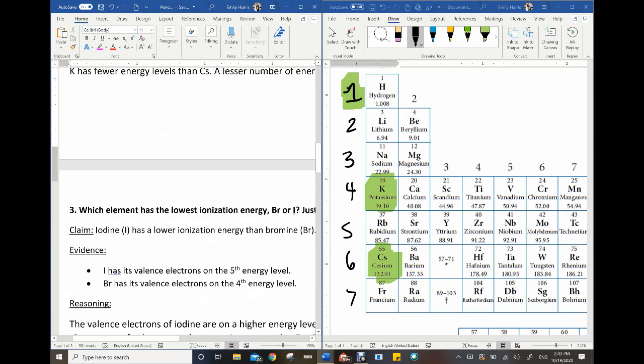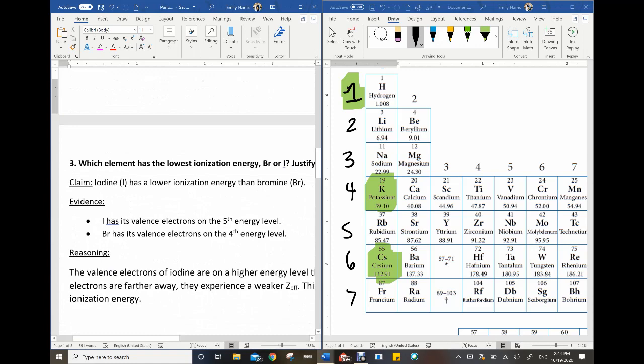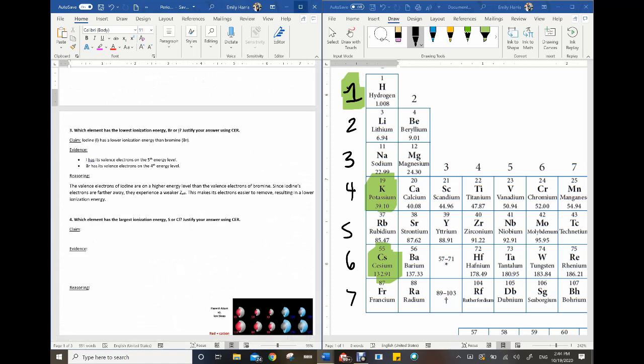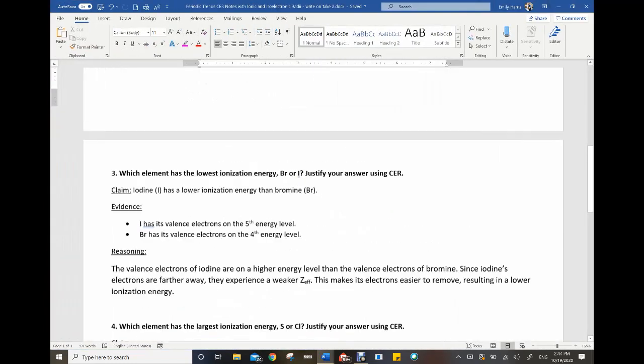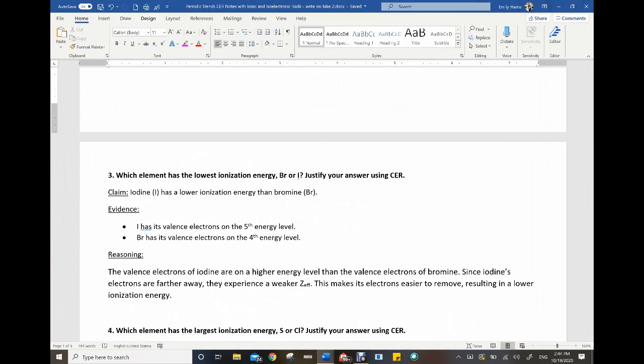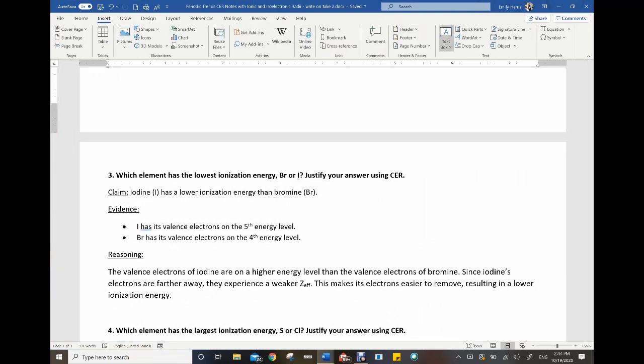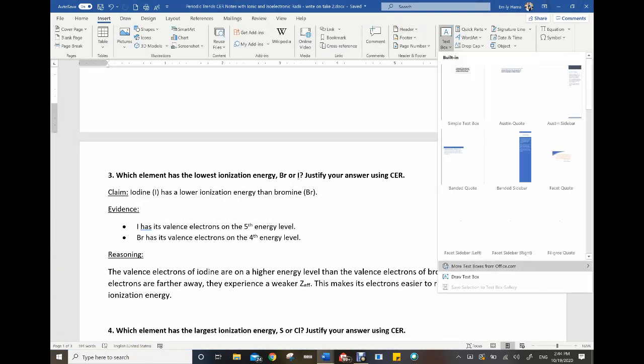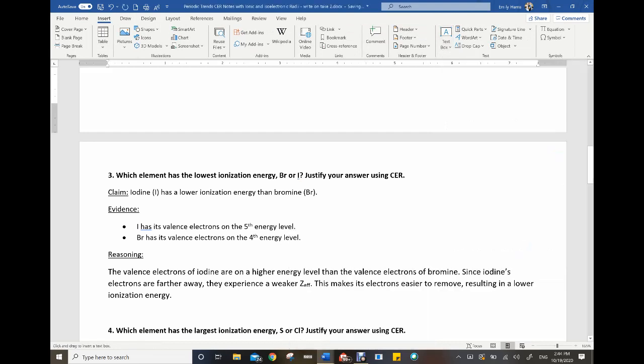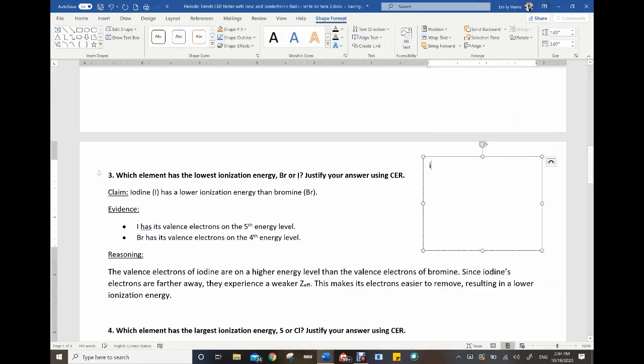Okie-doke. So here we have a question about ionization energy. When you come to a question about a trend, it's important that you first take some time to remember, what does that trend actually mean? So let's redefine what ionization energy means. It's the energy required to remove an electron from a neutral atom.